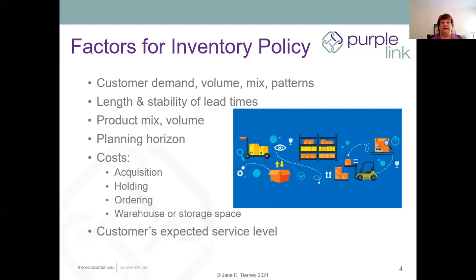Cost is another one, and there's many costs that go into inventory. The cost of acquisition is one cost. That is what you pay for that product. That can include your ordering cost. That can include the transportation cost. But generally, acquisition cost is the price of the good that you're buying and the transportation to get it from the supplier into your inventory.